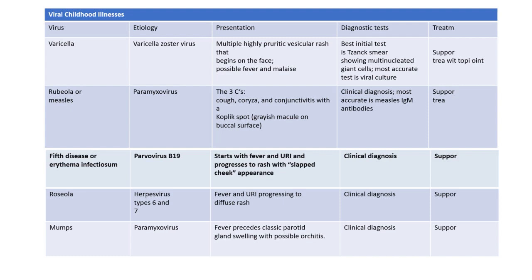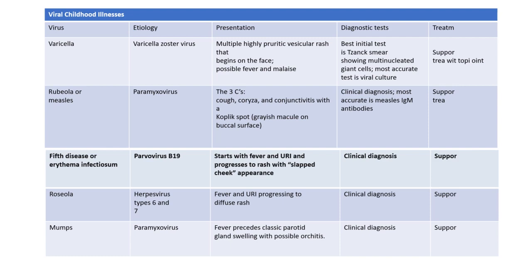Diagnostically only by clinical diagnosis, and the treatment is supportive. Roseola is caused by herpes virus type 6 and 7, presents with fever and URI, which progress to rash. Diagnostically it is clinical diagnosis, and the treatment is supportive.